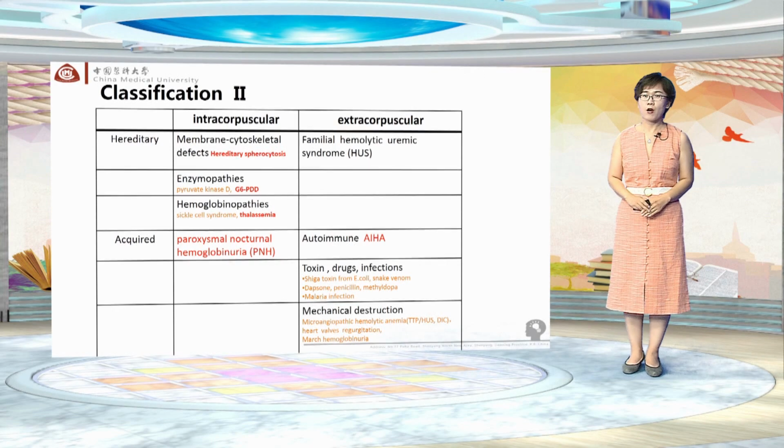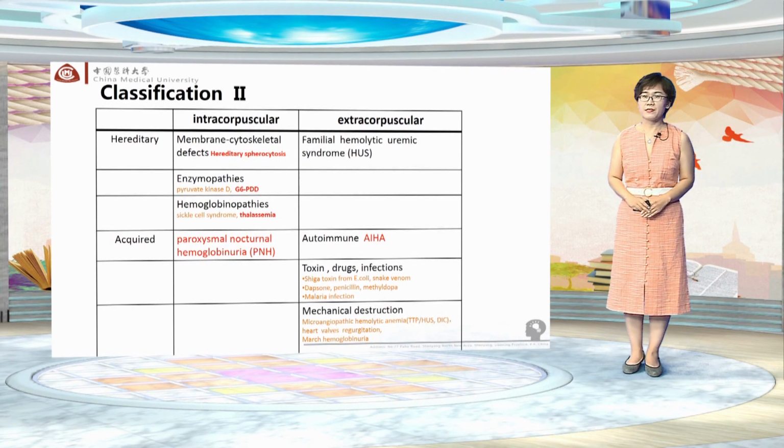Intracorpuscular disease can also be divided into hereditary and acquired. Hereditary disease can affect the structure and function of the membrane, such as the red blood cell membrane and underlying cytoskeleton, as in hereditary spherocytosis, hereditary elliptocytosis, and hereditary stomatocytosis.